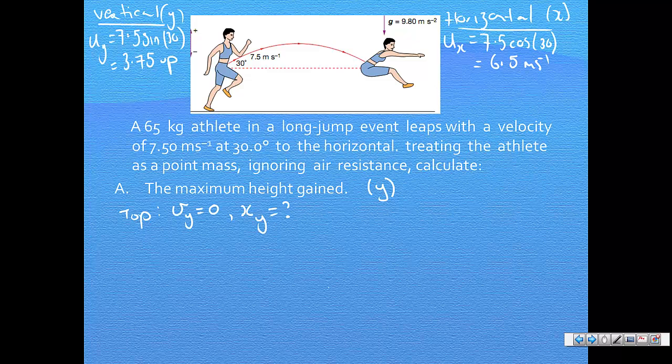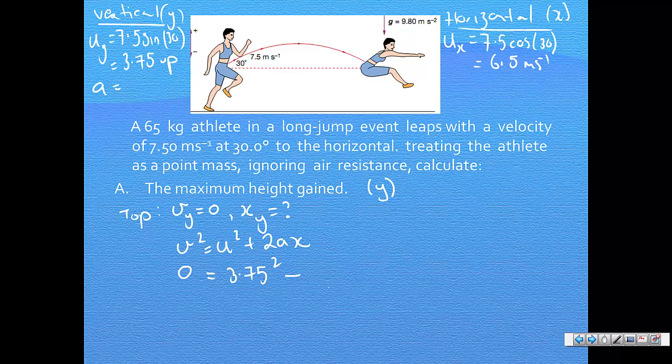Well, we could do something like use v squared equals u squared plus 2ax. So the final is 0. The initial was 3.75 squared minus, because it's negative 10.